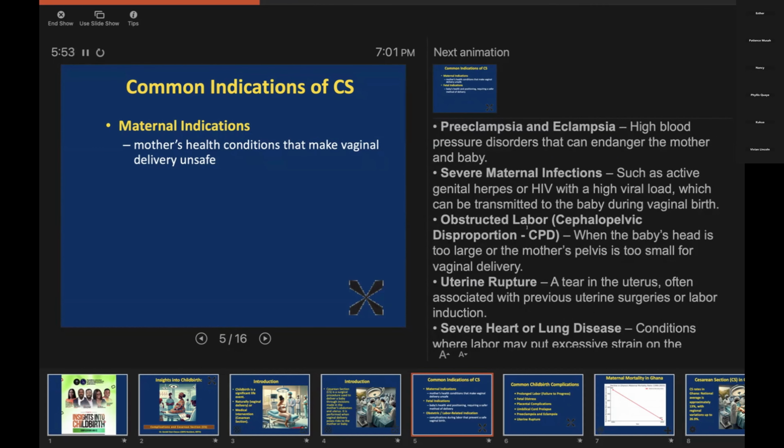This is sometimes found with a very big baby and a woman with a small hip, meaning that the baby's size and the hip of the mother do not correspond. The baby's size is bigger than the hip of the mother. When we see that, we can tell the labor can be difficult, and we wouldn't like such a pregnant woman to go through the normal vaginal delivery.